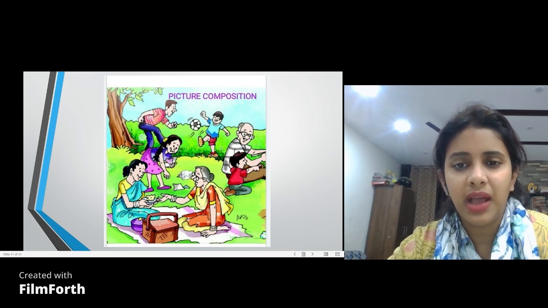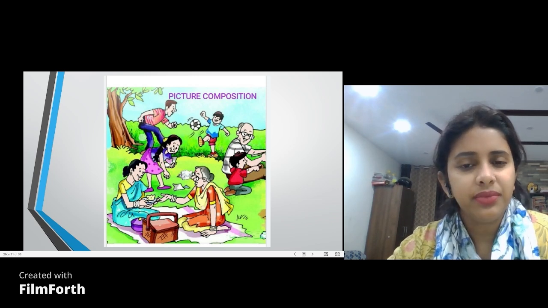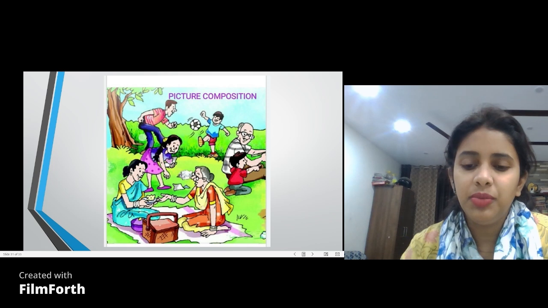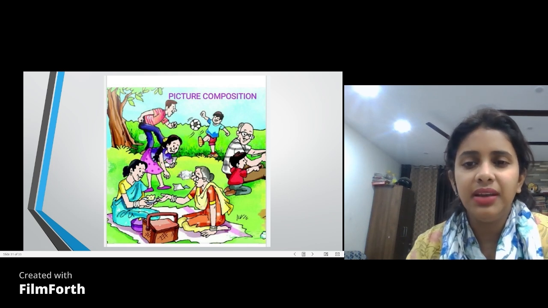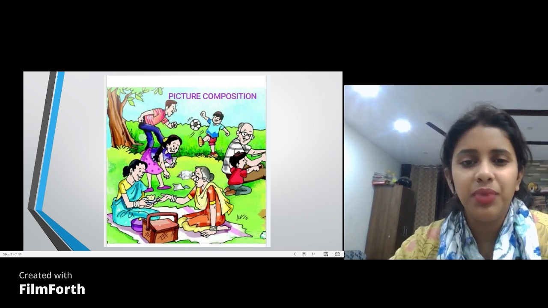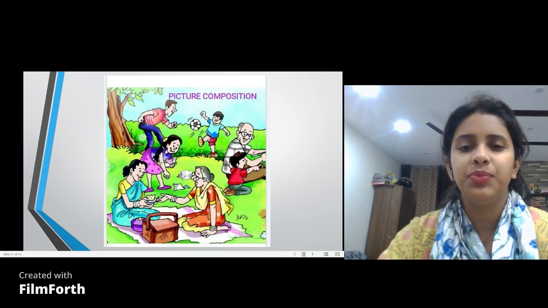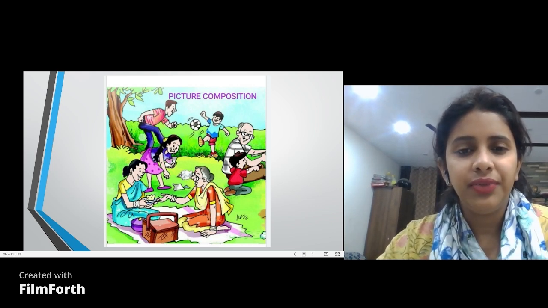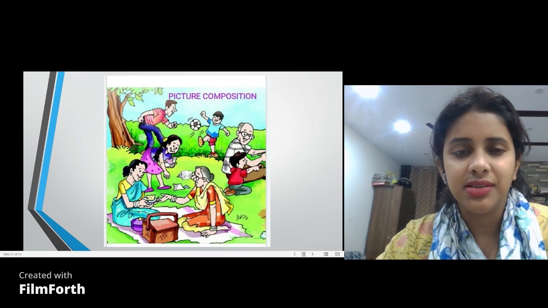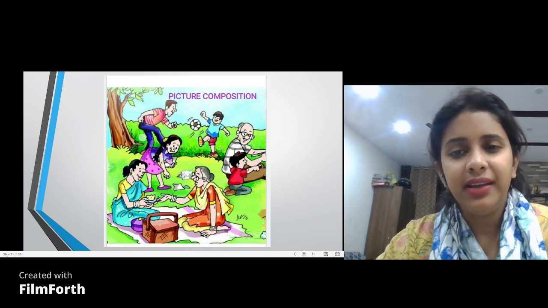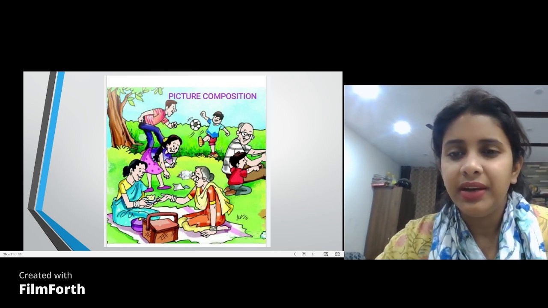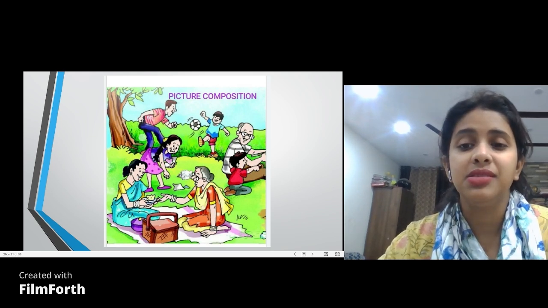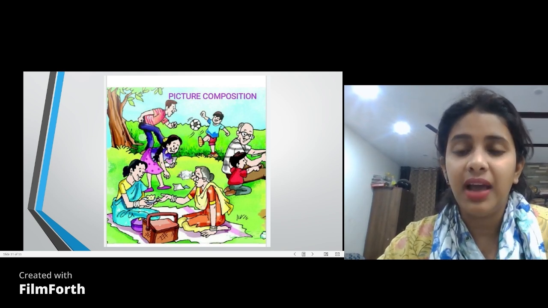There's an old man, there's an old woman, they're all sitting. So probably it's a picnic scene. They've come out on a picnic because they have bed sheets spread on the ground, and they have smiles on their faces, they're playing, they're enjoying. Again, it's a picnic scene. Denotative meaning: picnic. Connotative meaning: happiness, peace, relaxation.